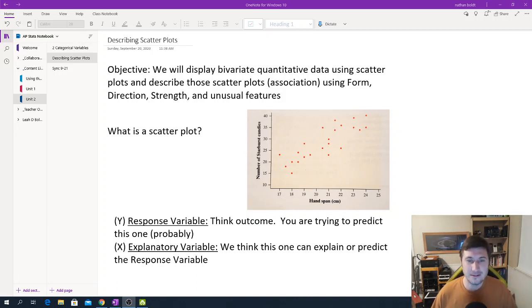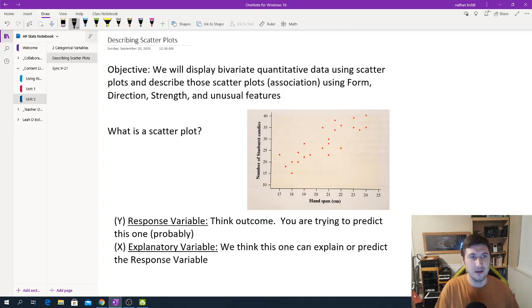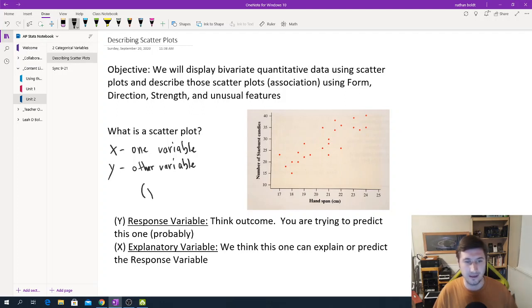But this scatter plot shows the association, the relationship between those two variables, where simply your x value is one variable and your y value is the other variable, and then you simply graph them x comma y, of course.